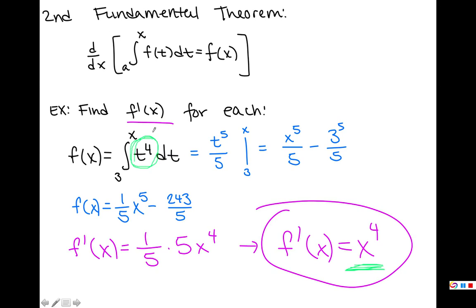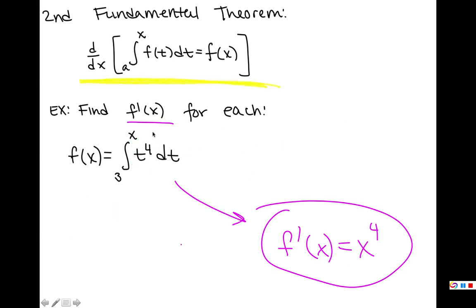You're undoing those operations. And in fact, if you want to use this theorem, you don't have to show all of that work. You can just right away, without doing any work at all, say that the function's variable is x, so when we take the derivative, we will get x to the 4th.